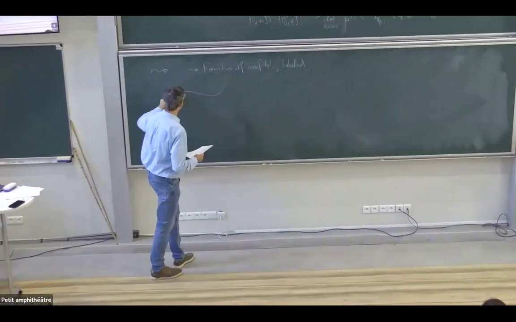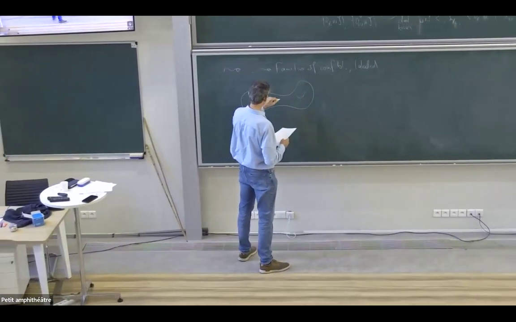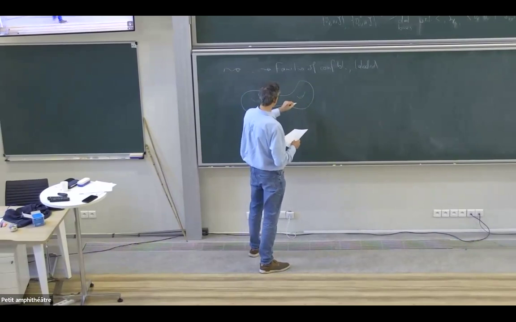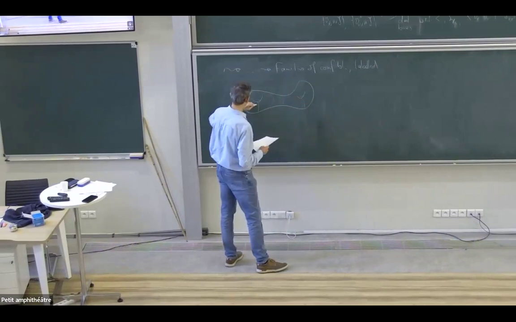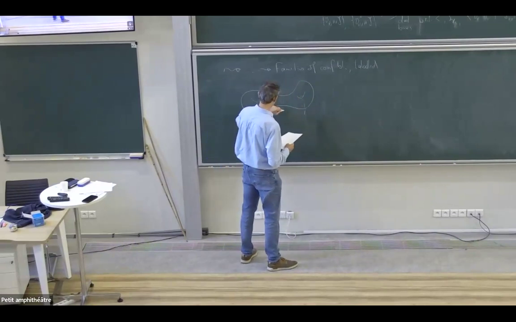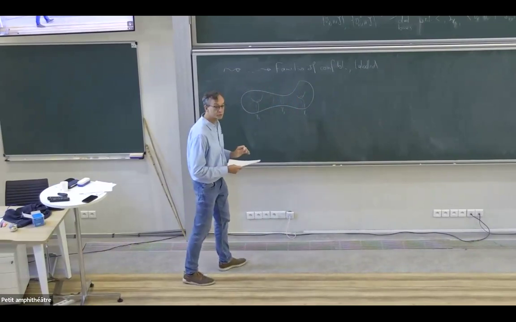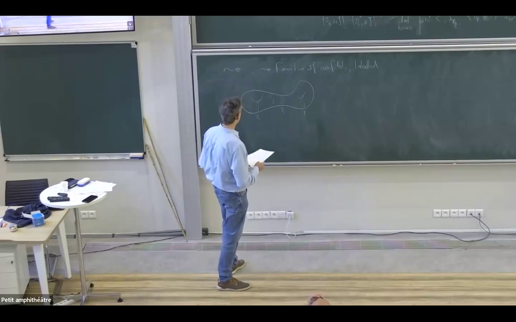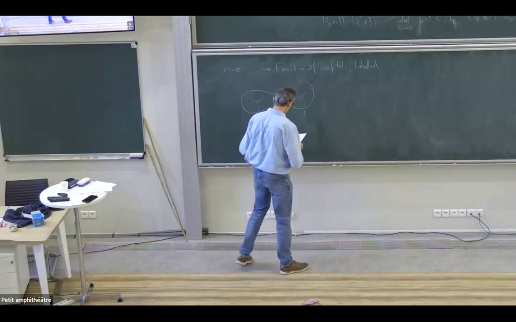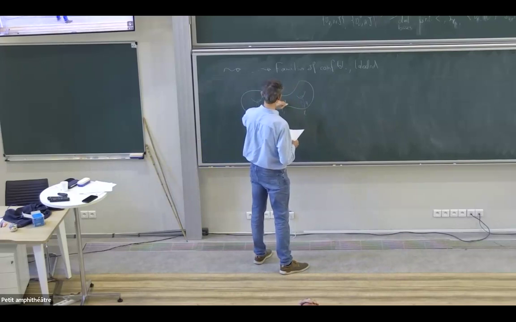Let's do an example, maybe of a genus 2 surface, maybe even without punctures. Of course, install punctures if you like. So here we have cutting curves, gamma 1, gamma 2, gamma 3. And you see with the naked eye, if you cut along these curves, you decompose it into two pairs of pants. We associate to each of them a gluing parameter, Q1, Q2, Q3.